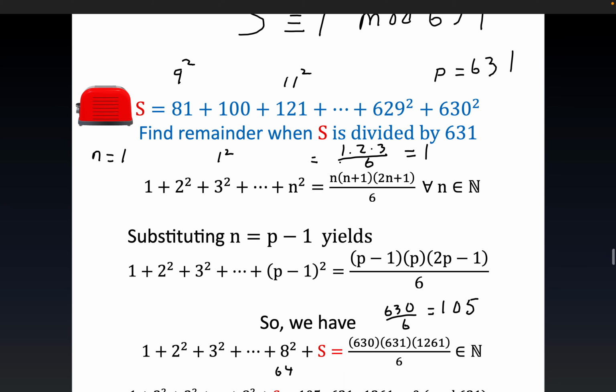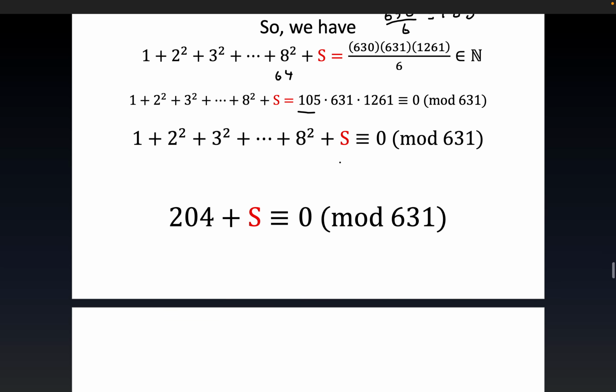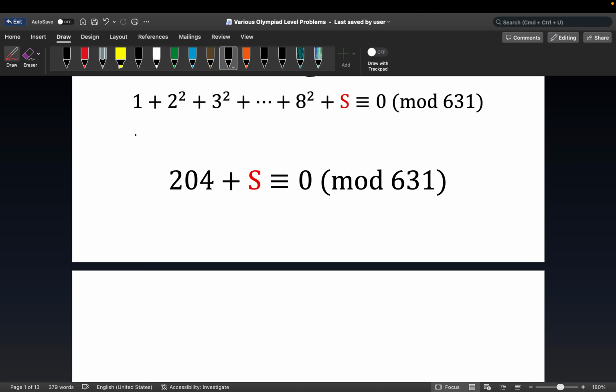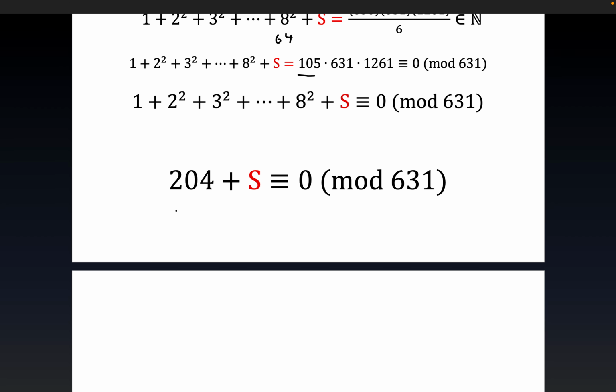It's a remainder. Okay, so to make this a little more convincing, you could rewrite this as S is congruent to minus 204. Right, just bring it over. You can treat congruence like equality. All right? But remember, the remainder has to be a positive number, right? When you divide by a positive number like 631, you're going to get a positive remainder, right?